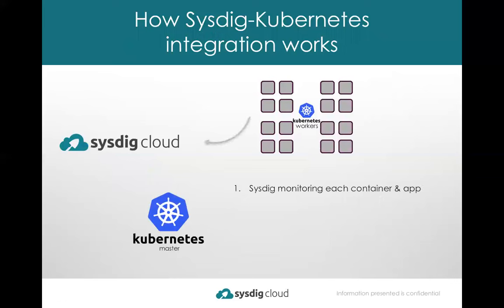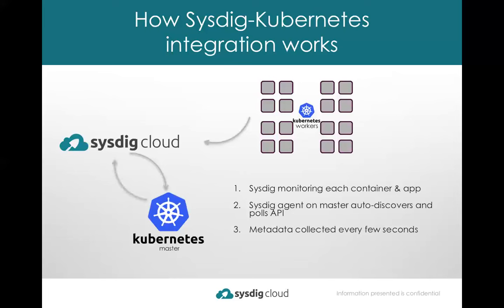So what we do is we're monitoring each container and application using container vision instrumentation, as we described before. At the same time, when you deploy our agent on a Kubernetes master, we auto-discover it and poll the API to collect all of the metadata that is available about your system. Examples of metadata would include replication controller names, namespaces, pods, and container IDs.